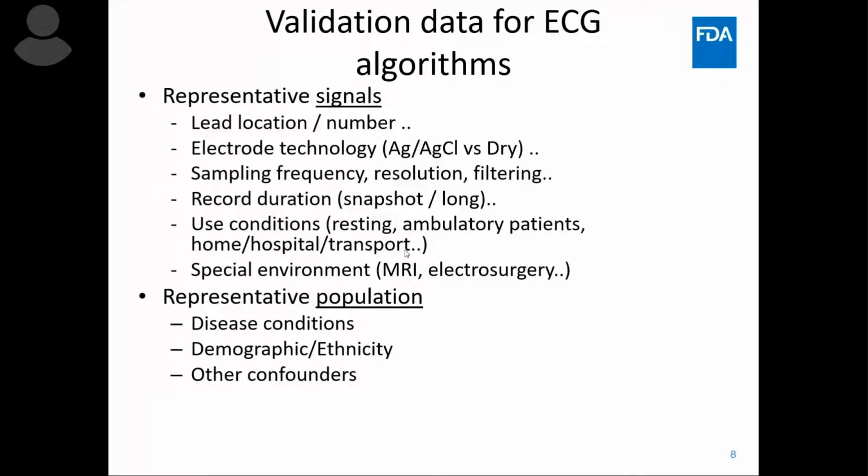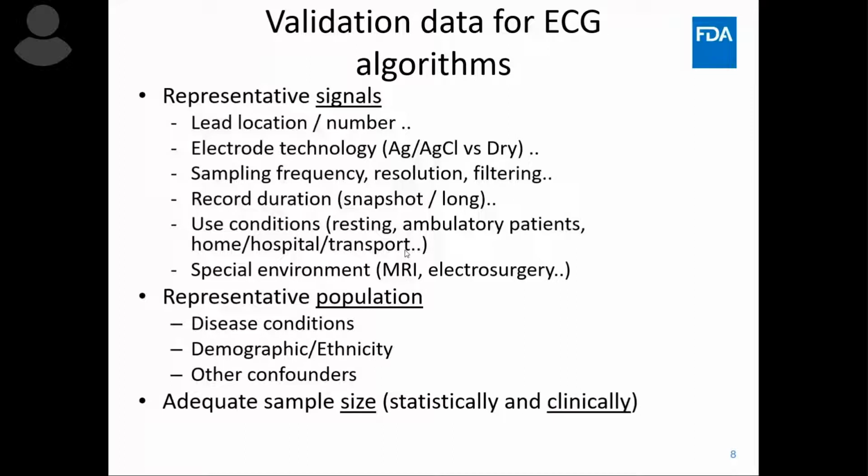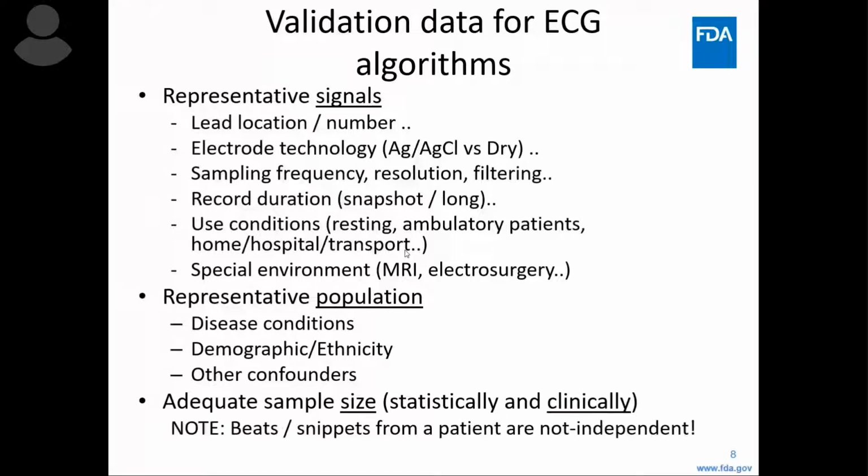Also important, we want to have enough sample size from a statistical and clinical standpoint to be able to draw meaningful conclusions. And just a side note here, beats and ECG snippets from the same patient should not be considered independent of each other. You have like 100 beats from the same patient, that is usually just one data point or slightly more than one.